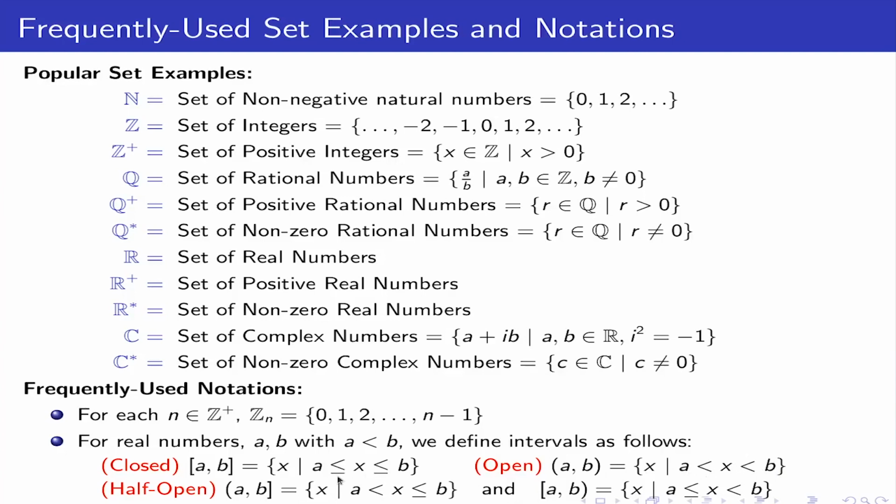There are also half open intervals: one says the real could be equal to a but should be strictly less than b, and the other the reverse. We will use these notations in this lecture as well as in the next series of lectures.